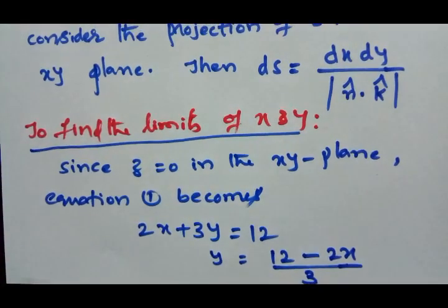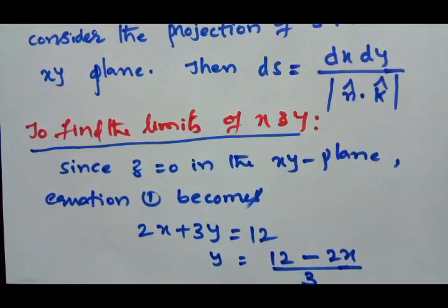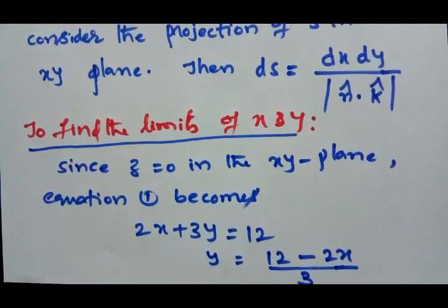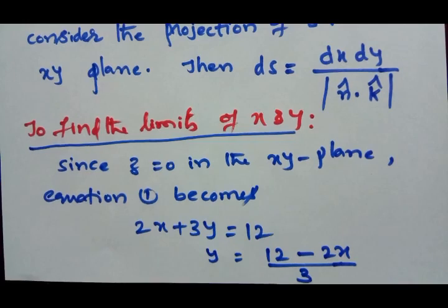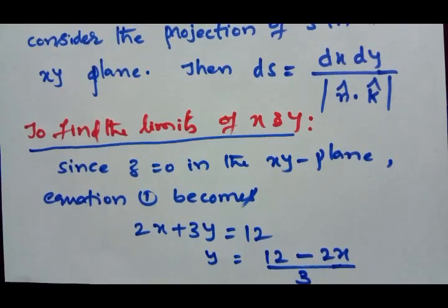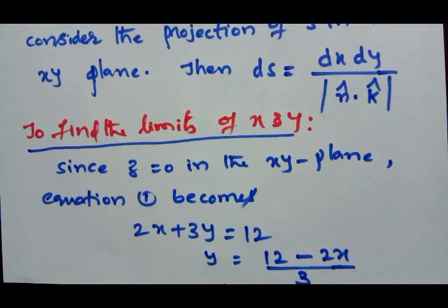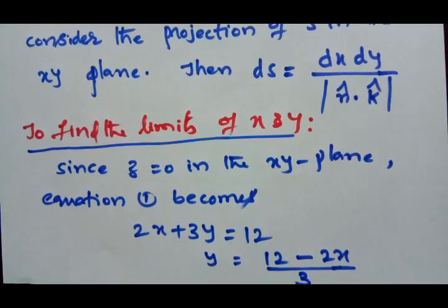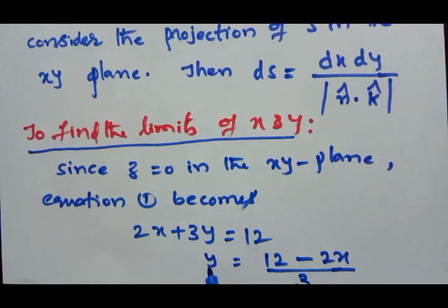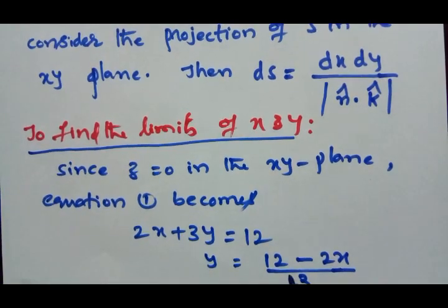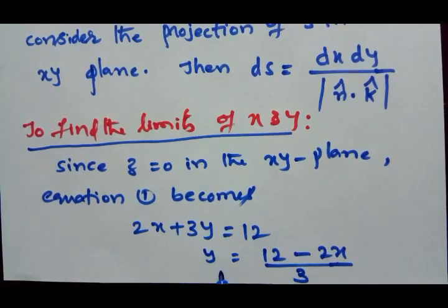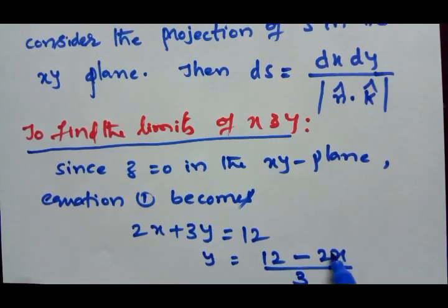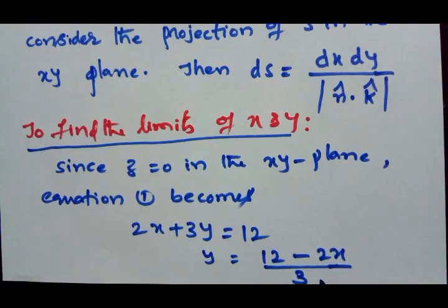Therefore y varies from 0 to, as I explained earlier, in the first octant x is the positive axis, y is the positive axis, z is the positive axis. Therefore the lower limit of x, y and z is 0. So the positive y axis lower limit is 0 and the upper limit is 12 minus 2x by 3.